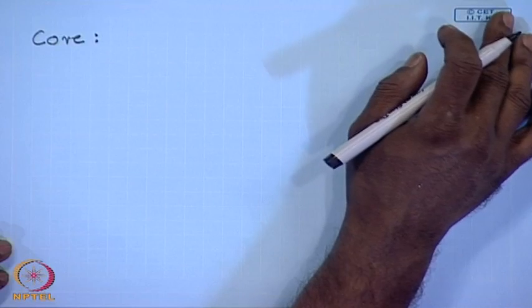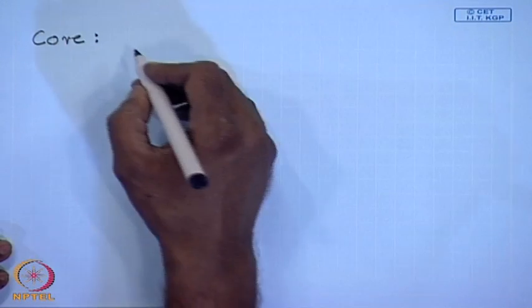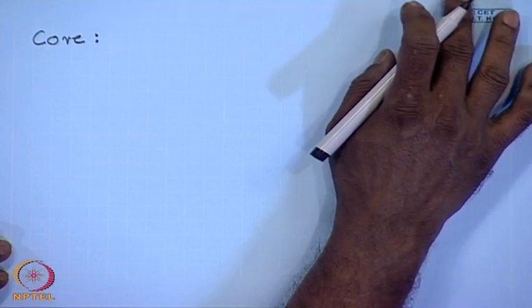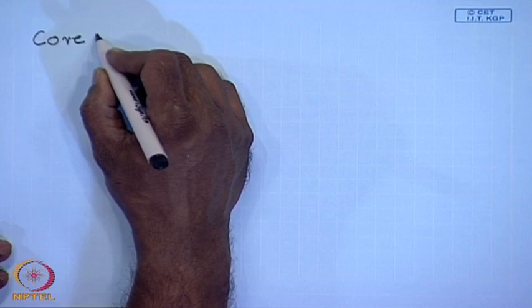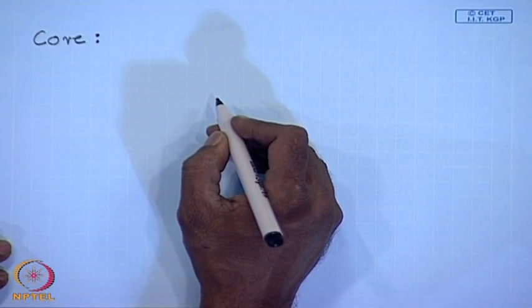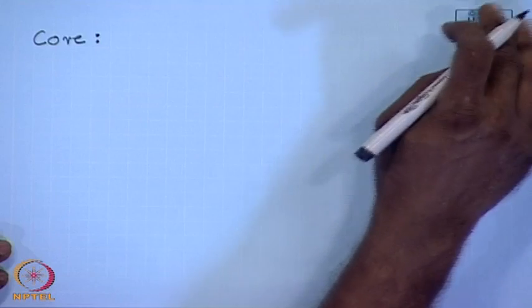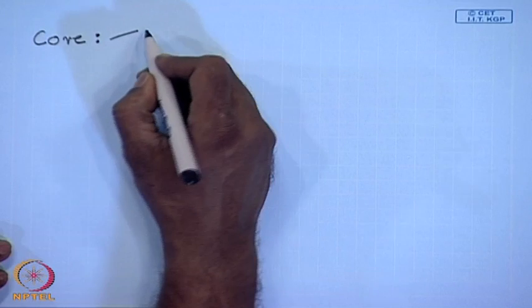For large rated transformers, normally cold rolled grain oriented or CRGO steel is used. For smaller transformer, hot rolled steel is used. This is silicon steel. The purpose of the core is to provide the path for flux, high permeability path for the magnetic flux, and their cores are of two types.